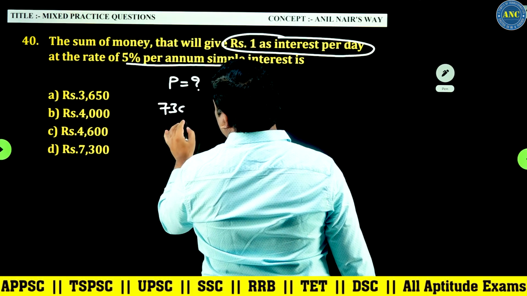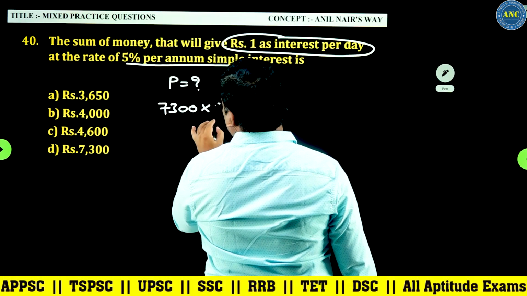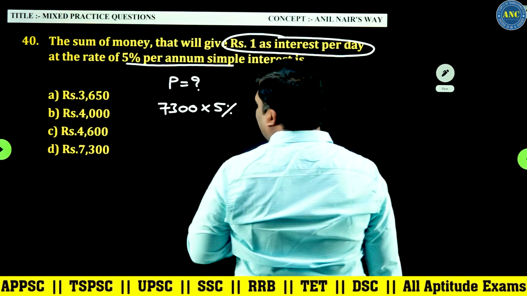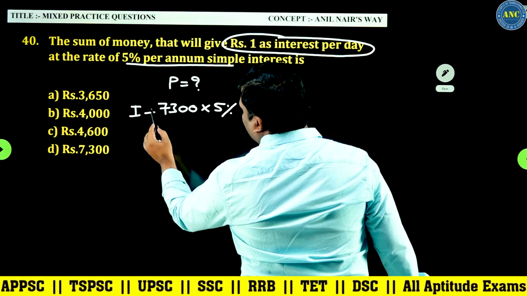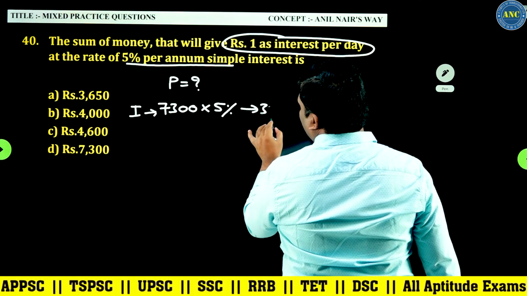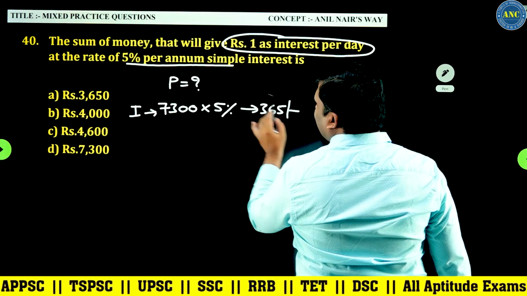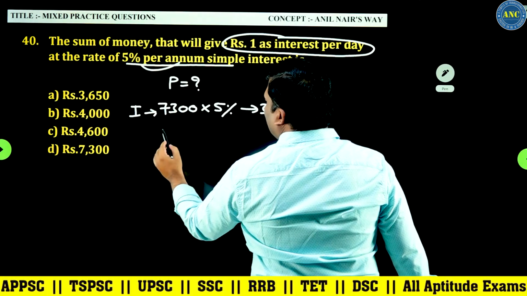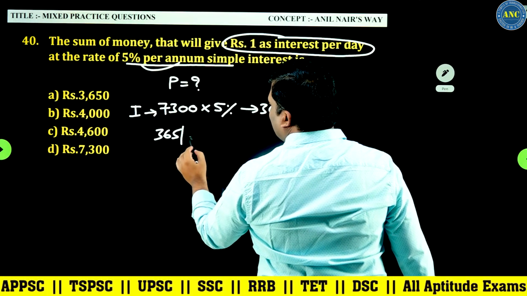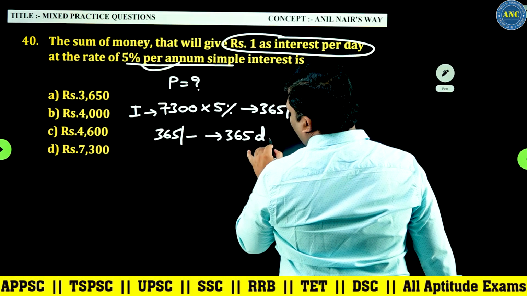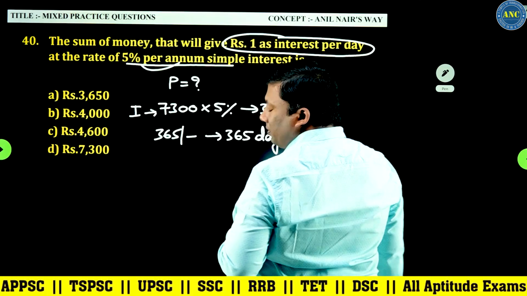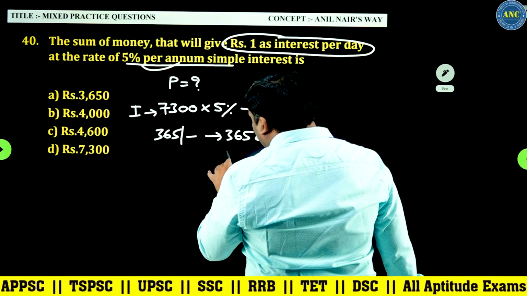I am using option D, 7,300. 5% rate of interest means interest will be 365 rupees. It is 5% per annum. 365 rupees for 365 days.